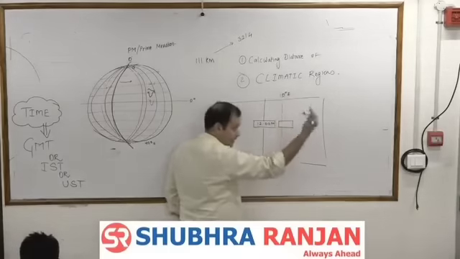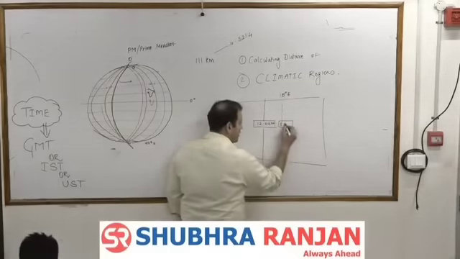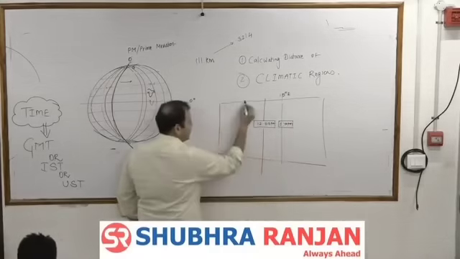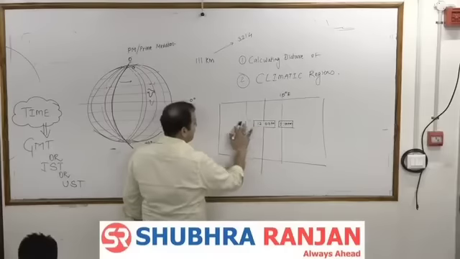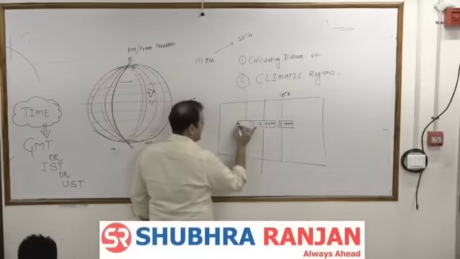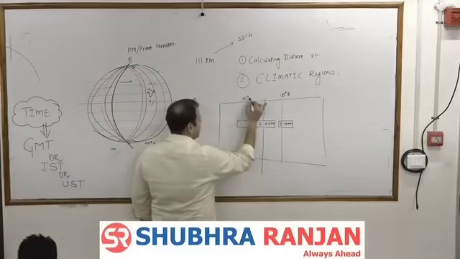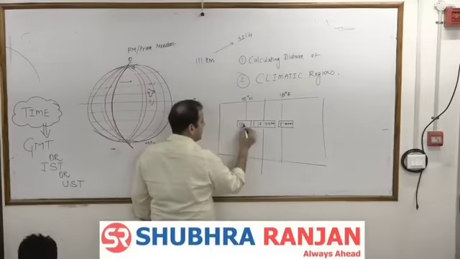Advance your time by 1 hour. So here, 1 AM or PM? PM. And what will be the time at 15 degrees west? It will be 11 AM.